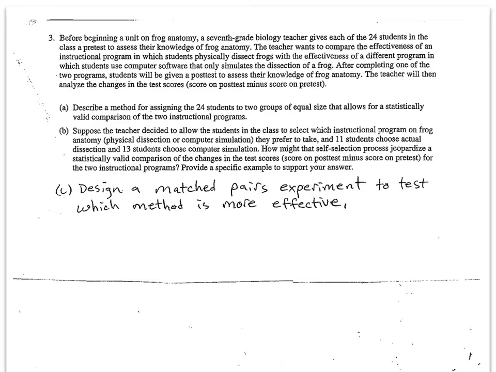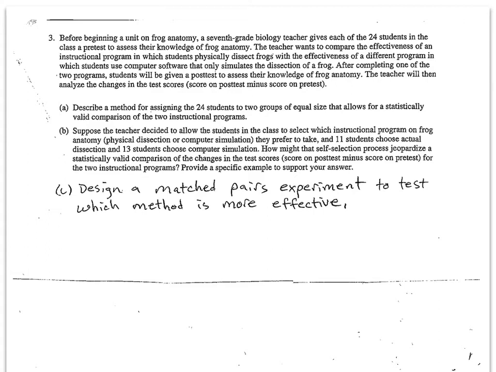So half of them working on the computer software, half of them doing the actual dissection. They're all going to take the pretest, and then after they do their respective lab work, take the post-test. Then we can look at the post-test minus the pretest score, and that's our response variable.